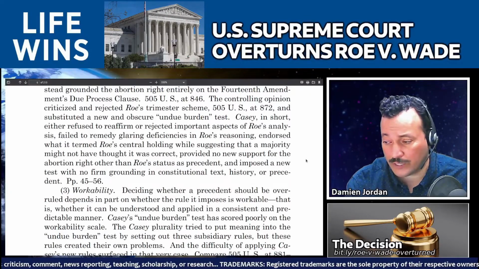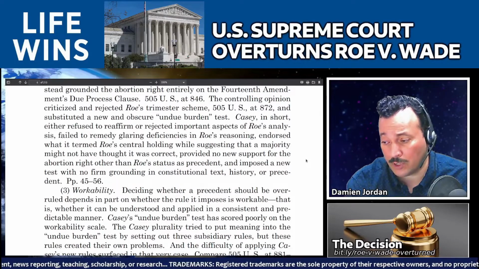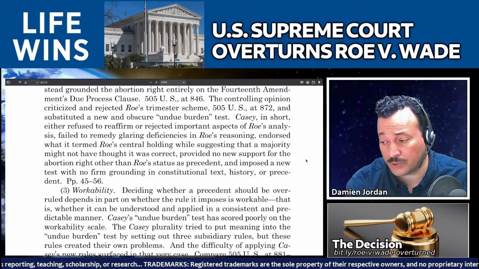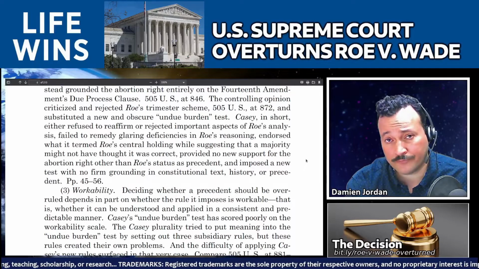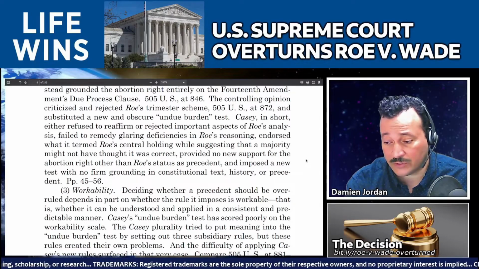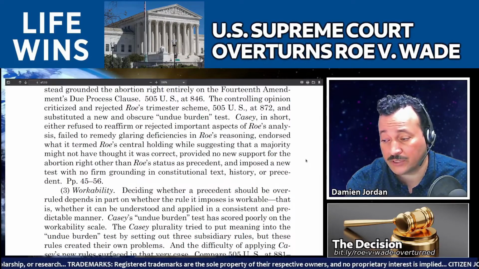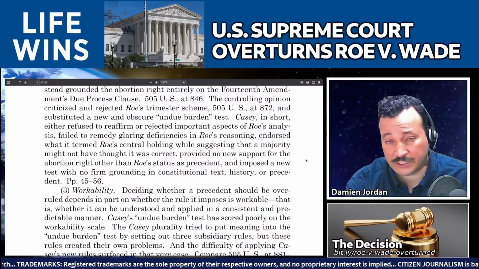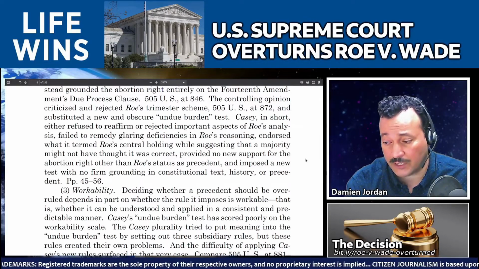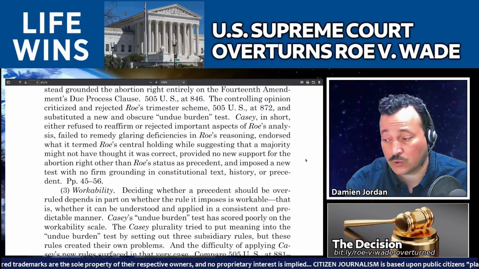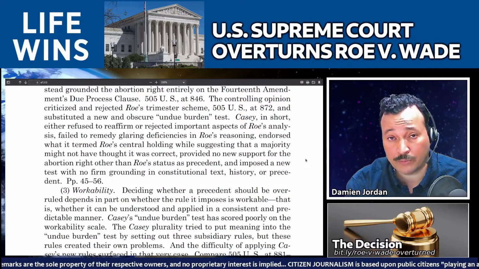Deciding whether a precedent should be overruled depends in part on whether the rule it imposes is workable. That is, whether it can be understood and applied in a consistent and predictable manner. Casey's "undue burden" test has scored poorly on the workability scale.